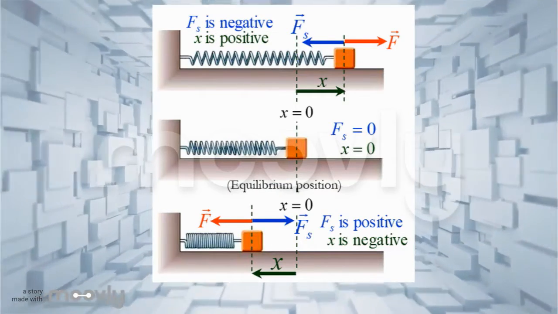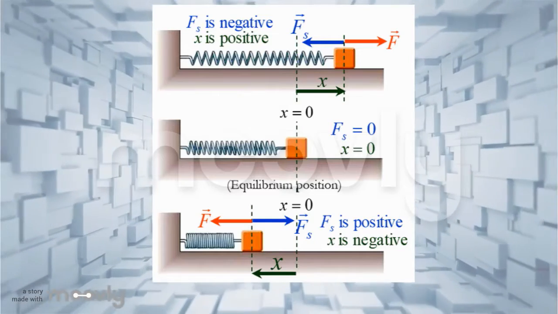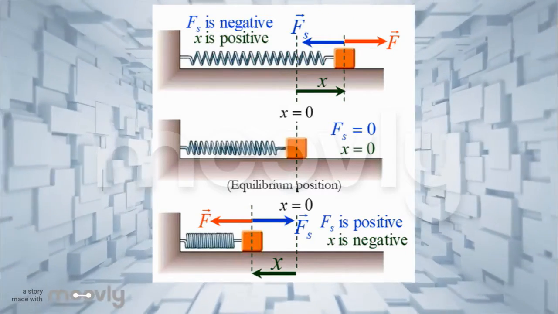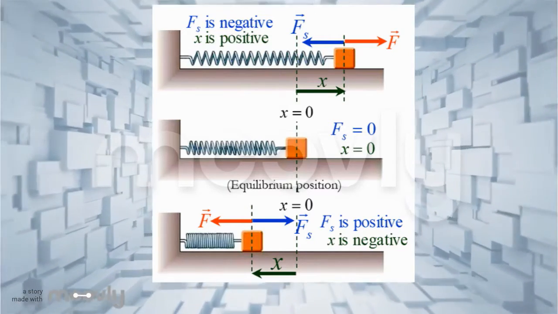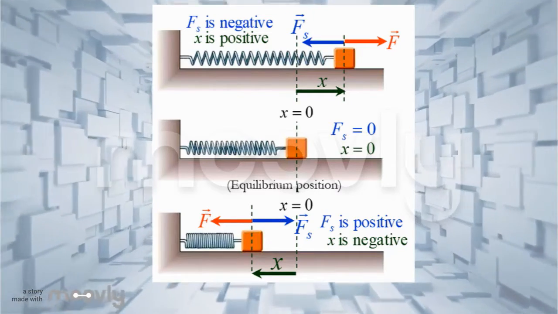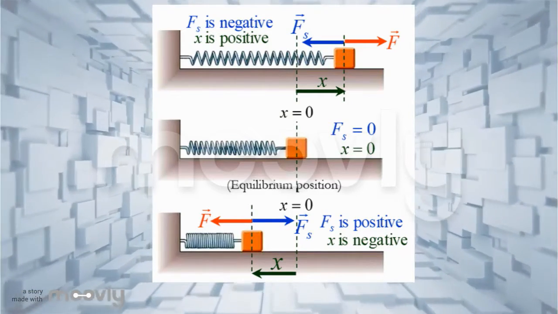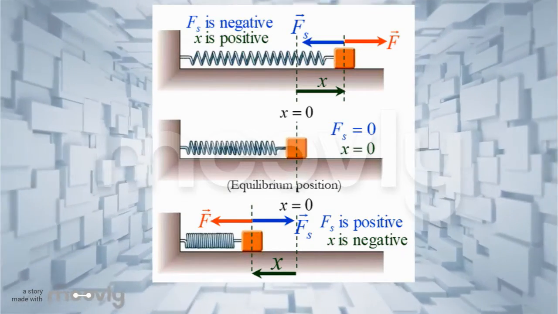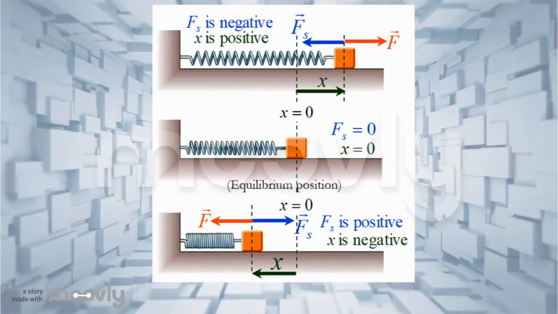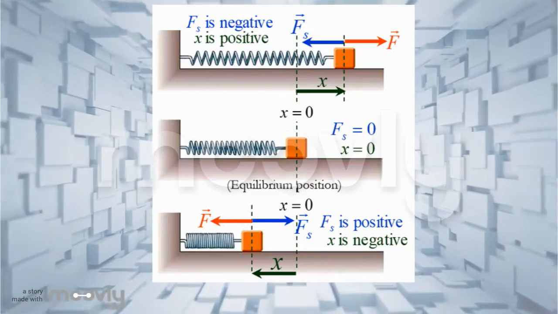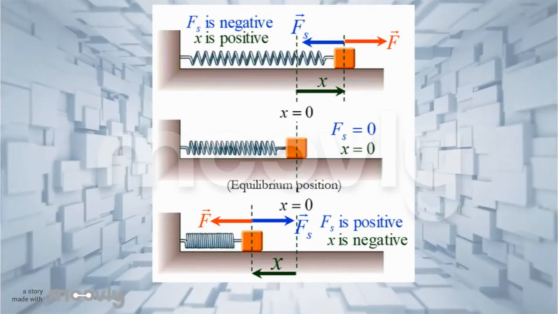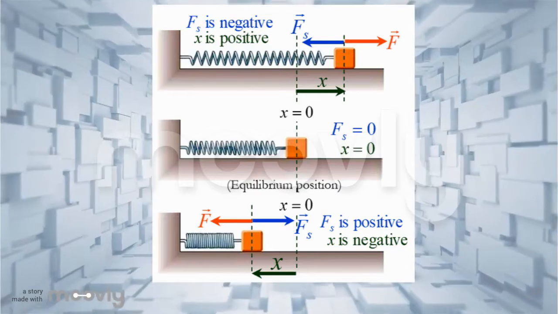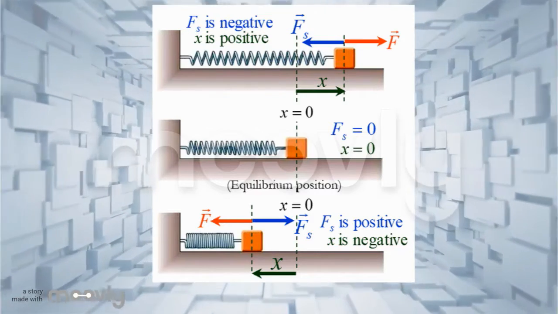And this is the position where there is no external force on the spring. And at the top is when the spring is stretched by a distance x. So the spring is stretched by the external force F, and the Fs is for the restoring force. And at the bottom is when the spring is compressed by distance x, so the value of x is negative.